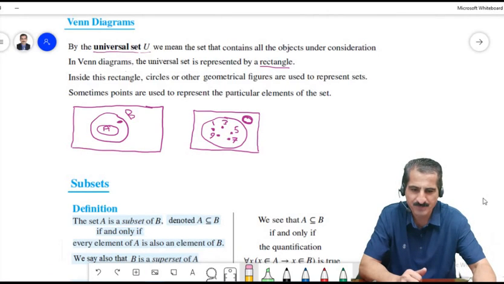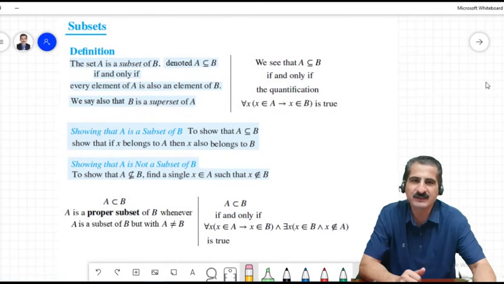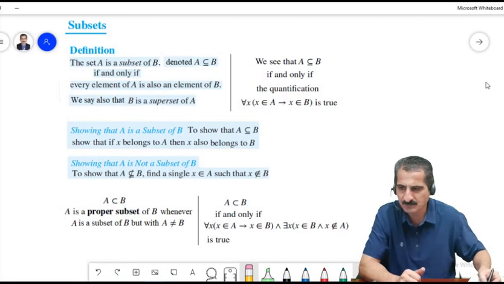It is possible that a set is contained in some other set. In this case, we say set A is a subset of a set B, and it is written this way. When is that possible?